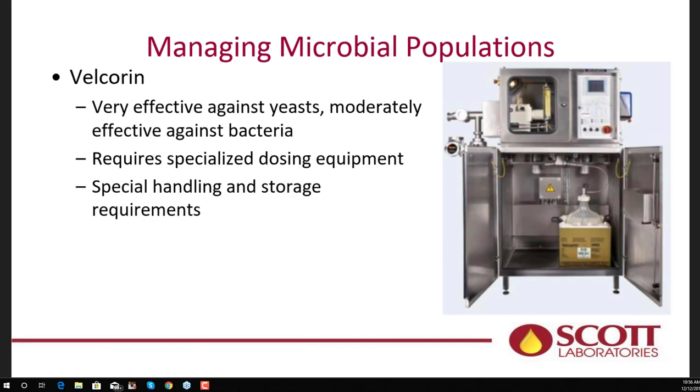One of the things where Velcorin really comes in is for wineries that start getting into products that are a little bit riskier to package. For example, if most of your production is high alcohol and dry and has been through malolactic, you have a fairly low risk, and that's not a problem.